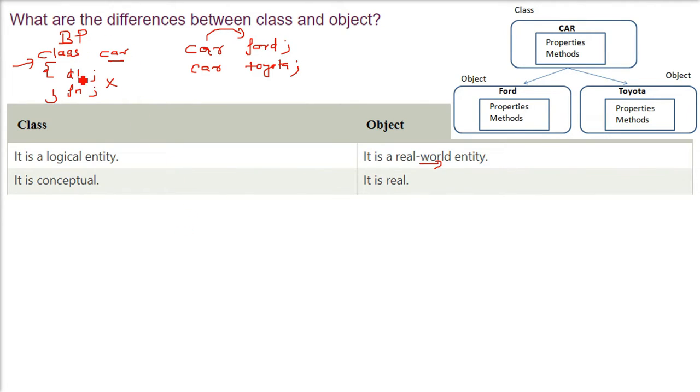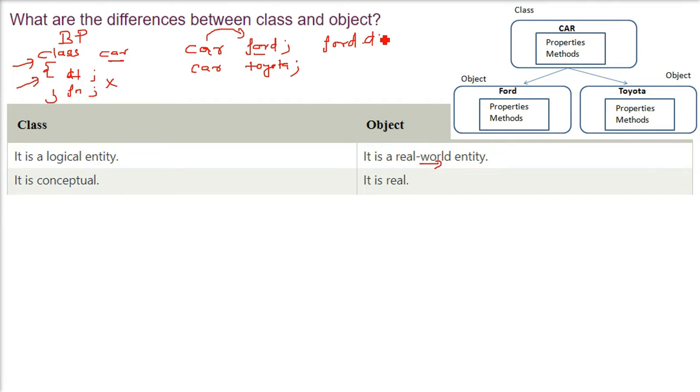As I said, class is a concept, not a data structure. That is why we call it just a template, or a logical entity, or conceptual. But the objects are real.